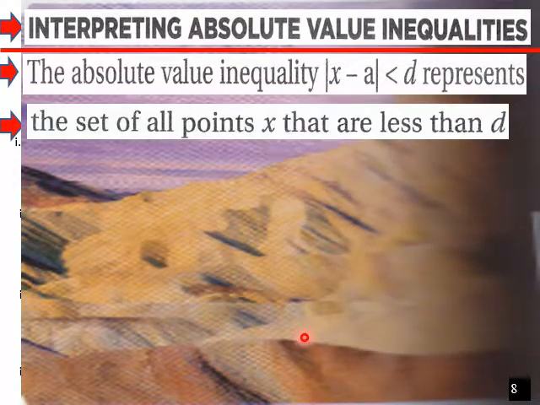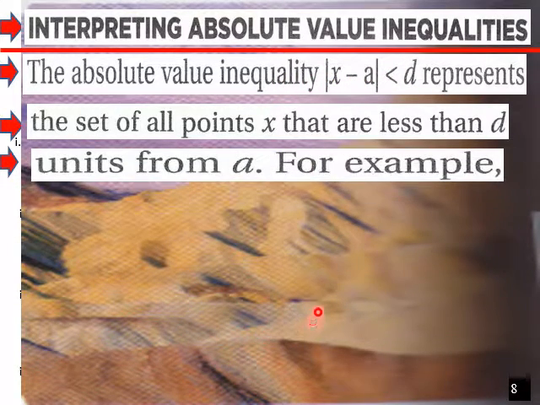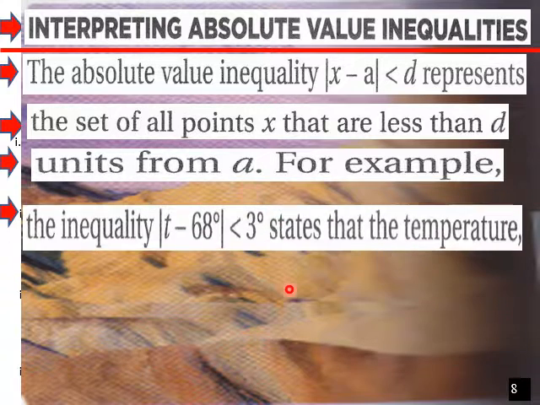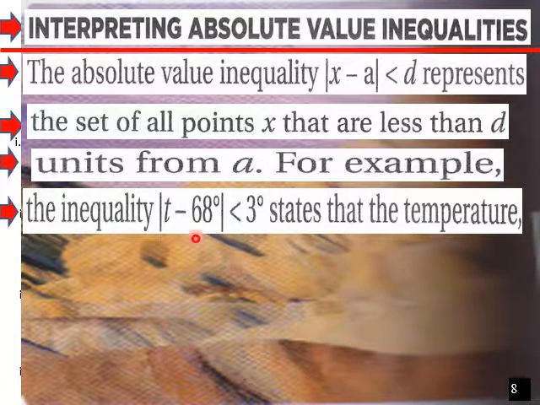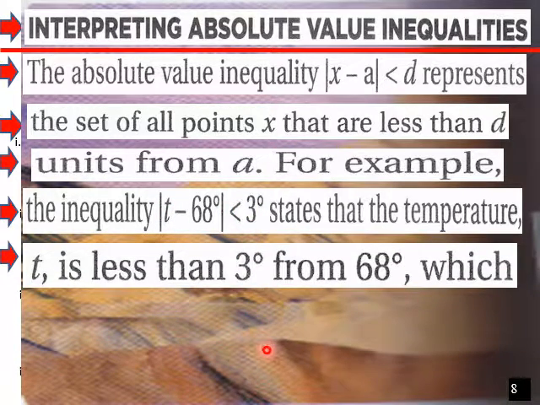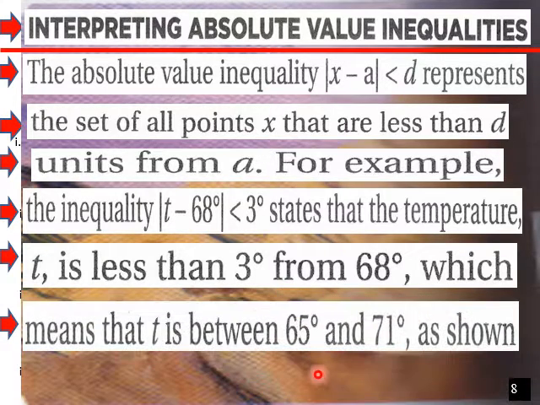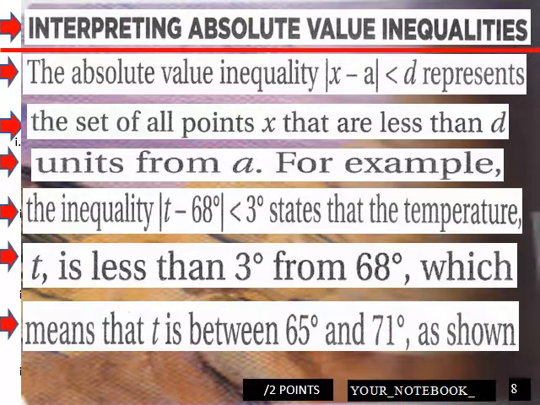Interpreting absolute value inequalities: the inequality |x minus a| less than d represents the set of all points x that are less than d units from a. For example, |t minus 68 degrees| less than 3 degrees states that the temperature t is less than 3 degrees from 68 degrees, which means that t is between 65 and 71.